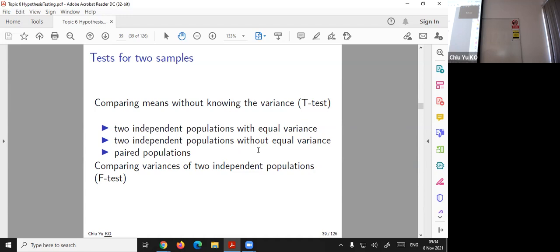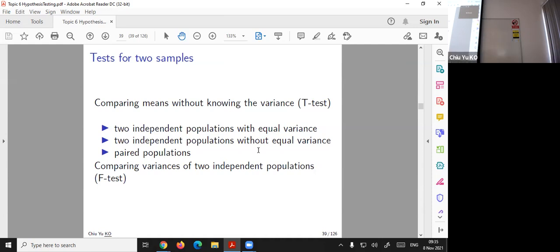And the other way around is to look at the data, look at the sample variance. Are they actually very similar? If the data shows they are very similar, it's actually very safe to use it. Okay, and if not, then you have to be more conservative and use the more general case where you don't assume they have equal variance. Okay, and these are two independent populations.